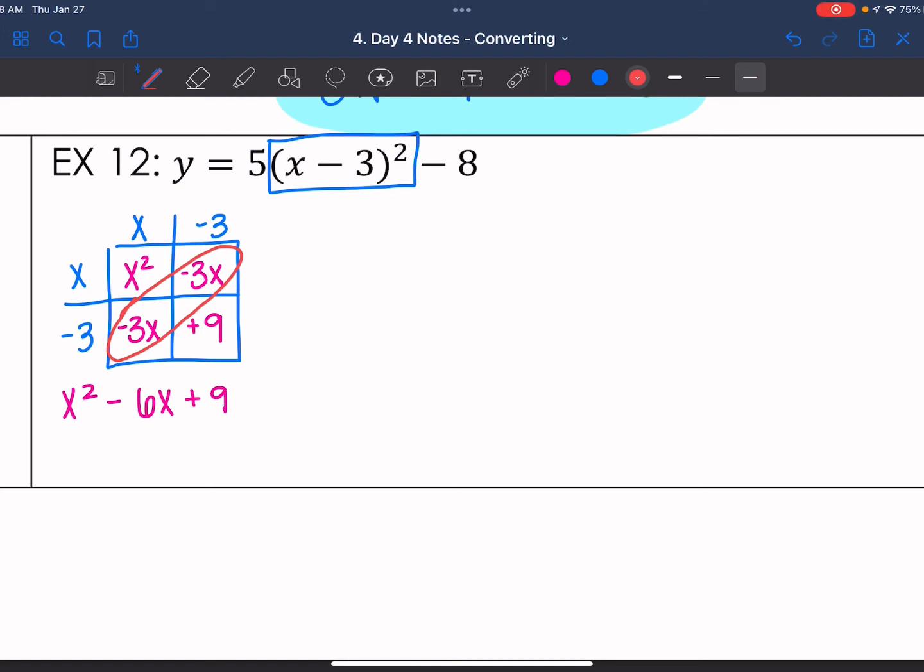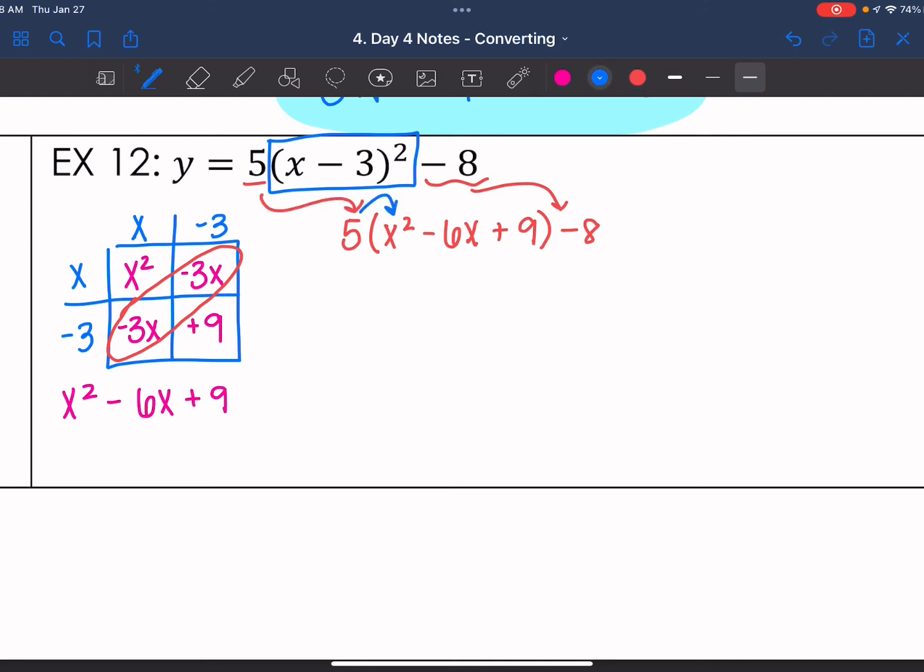And now I will replace the x minus 3 squared in my original equation to get 5 times x squared minus 6x plus 9. And then I'll bring down my minus 8.